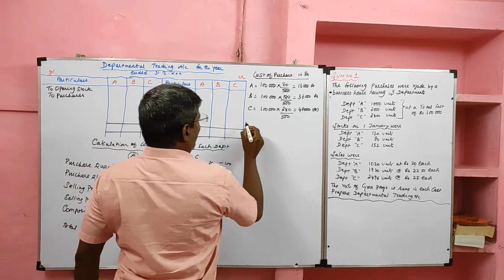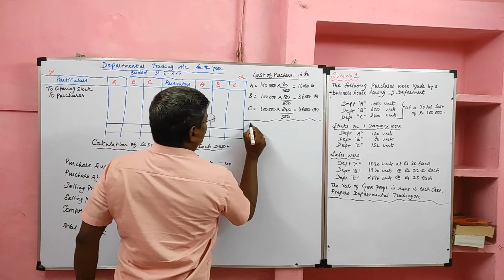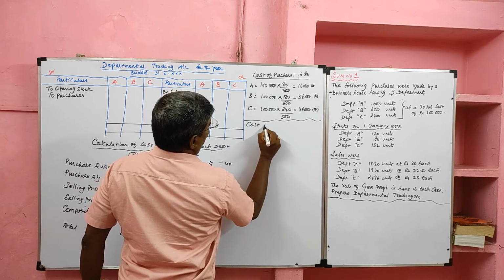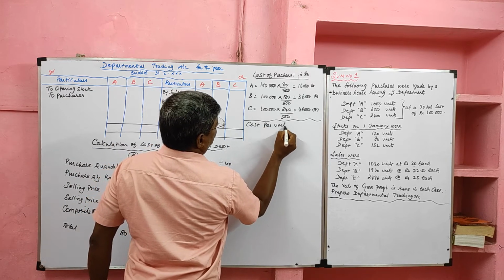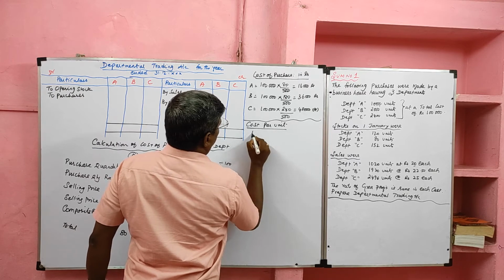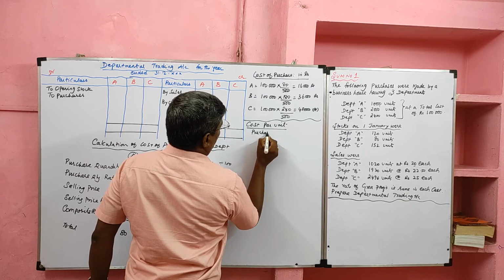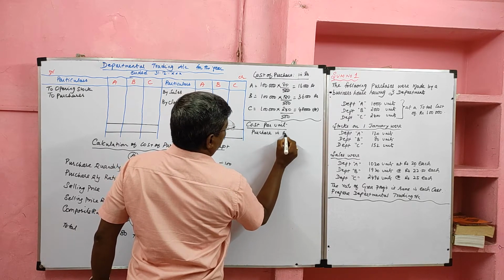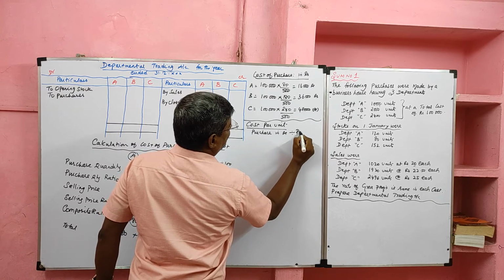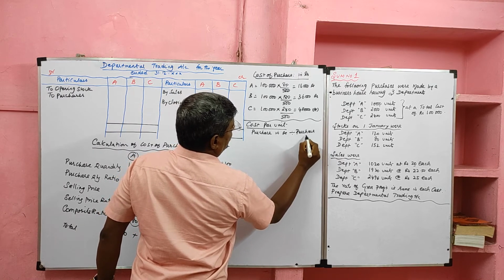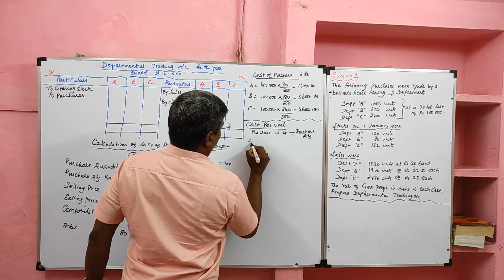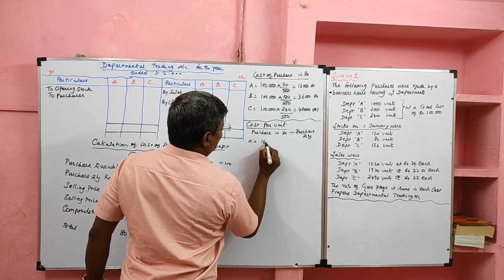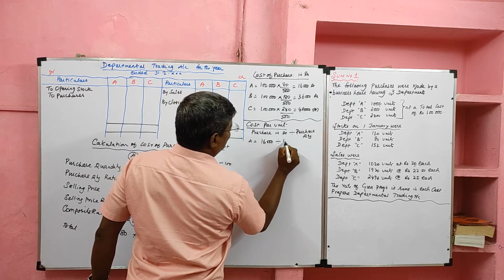Now we ascertained the cost of purchase of the respective departments in rupees. Then we have to find cost per unit. The formula: purchase in rupees divided by purchase quantity. For A, they spent 16,000 rupees. They purchased 1000 units.